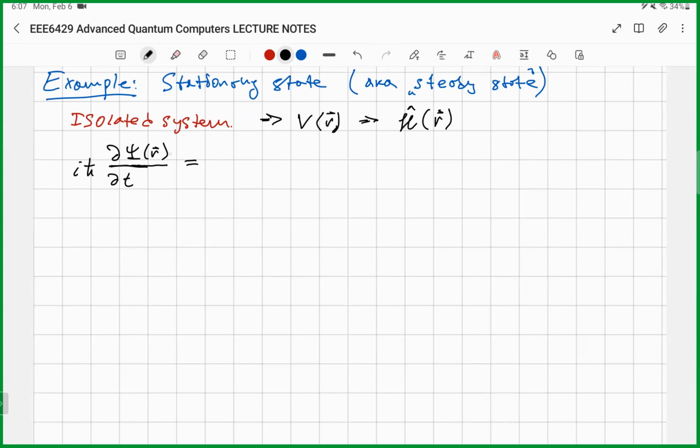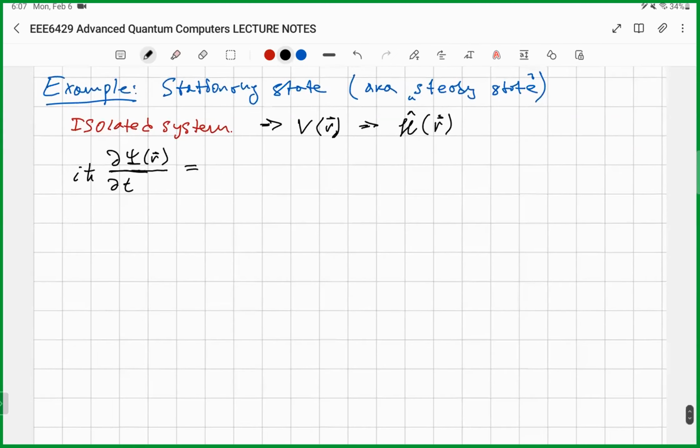Of course, it depends on time, but we will see that this dependence on time is just a harmonic dependence. Then our Hamiltonian, which is time independent, and psi.